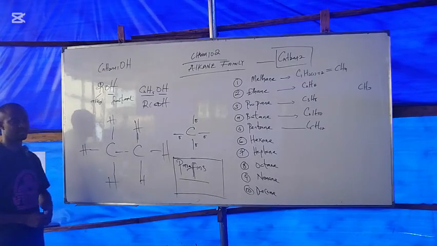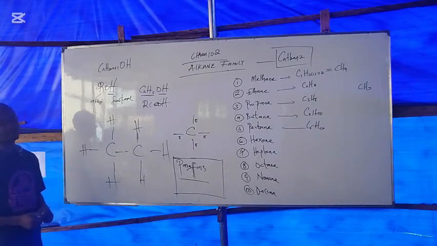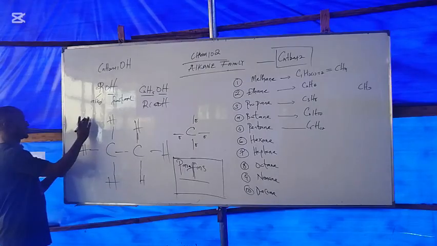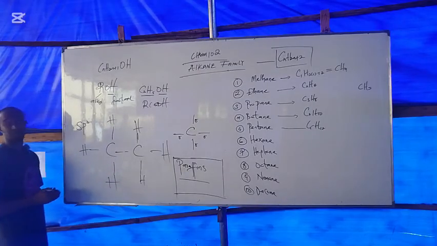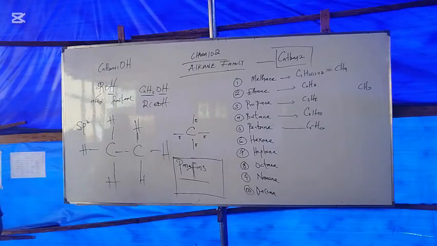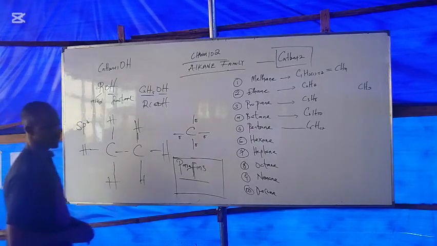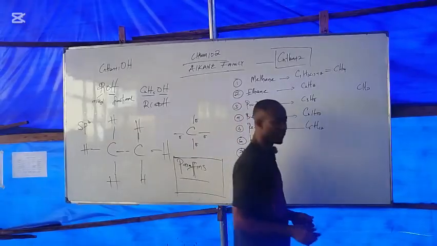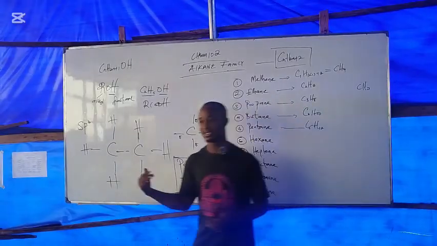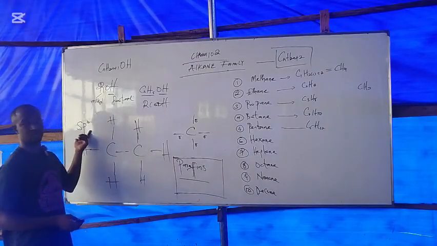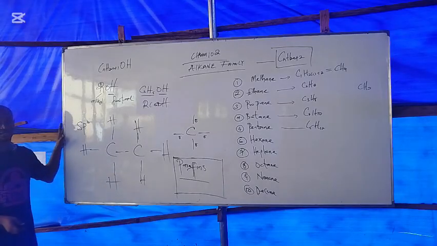Alkanes are sp3 hybridized. That means the carbon atoms in alkane are sp3 hybridized. Have you learned hybridization here? No? Okay, when we have a larger class, I will teach that, so we can see the orbitals and how this is formed.